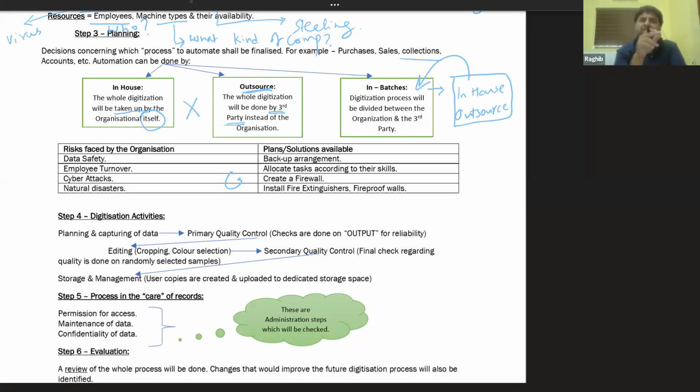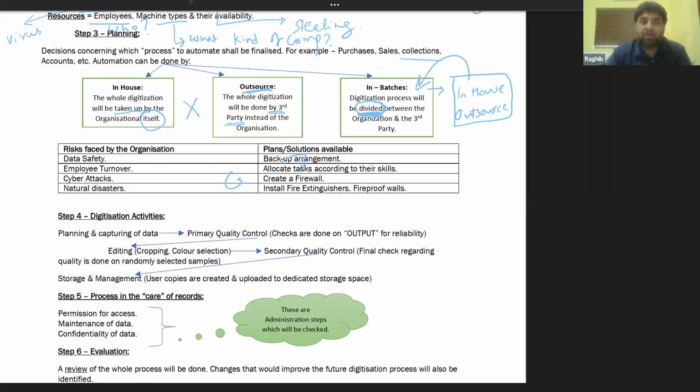So for the important areas, you are saying that we will do it. For the other data, you can ask the third party to upload it. This is known as in batches. The digitization process will be divided between the organization and the third party. See here, it is divided. This is the keyword here. So this is how this whole process will be taken on.